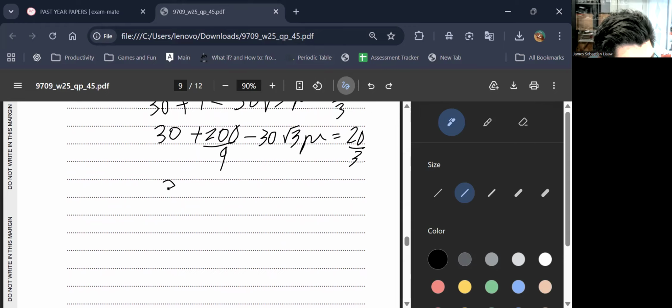First we can divide everything by 10 just to make life a bit easier. Then we can move this here and this there.